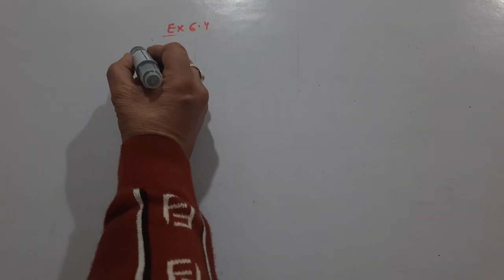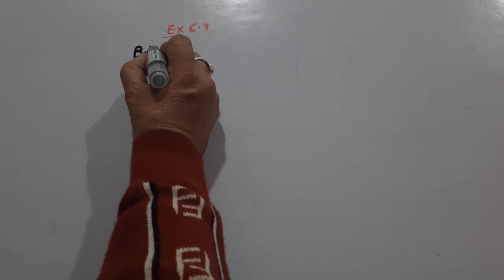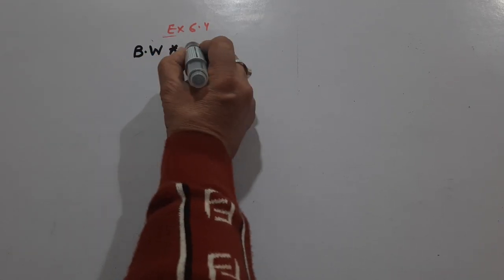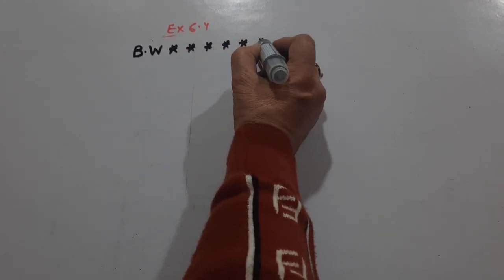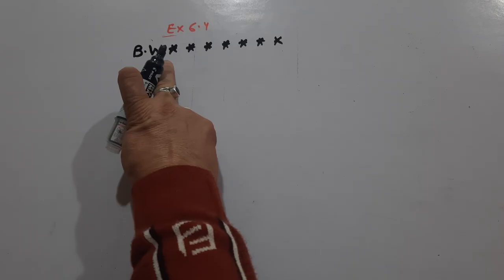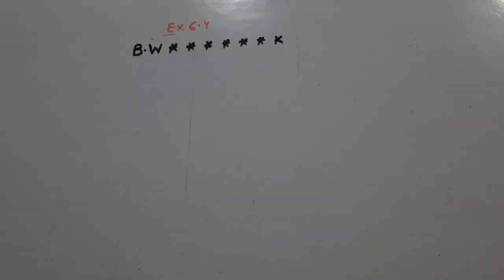So students, we have 9 papers, best and worst, 2, 3, 4, 5, 6, 7, 8, 9. Now students, how do we do this question so that the best and worst papers never come together?